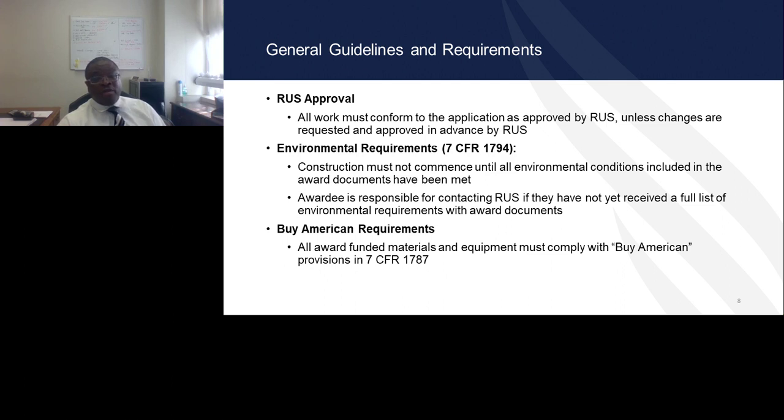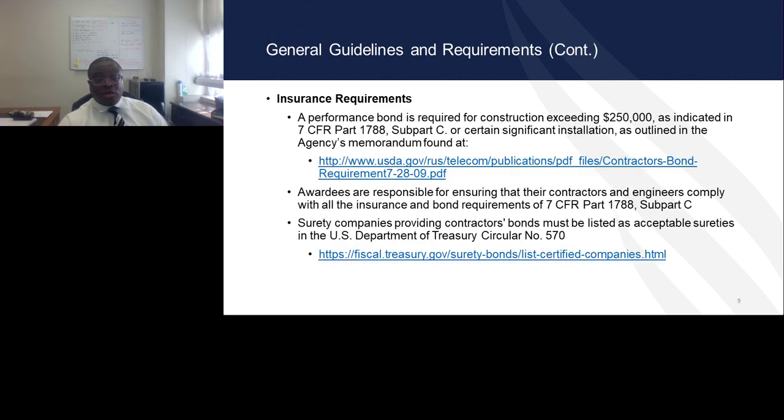All funded materials and equipment must comply with the Buy American provision in 7 CFR 1787. All construction that exceeds the $250,000 threshold must be bonded.